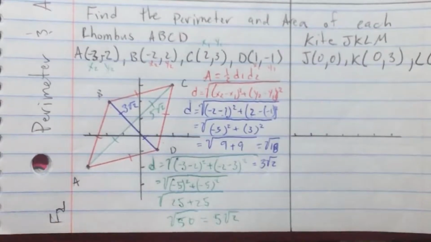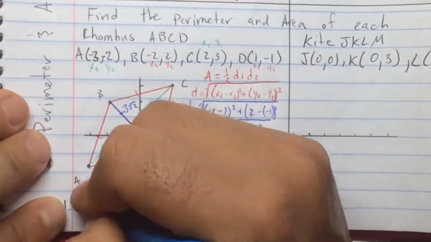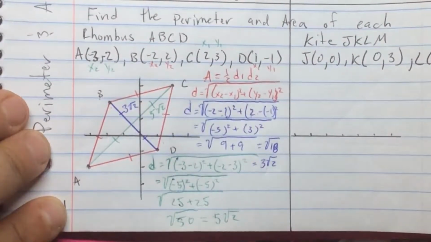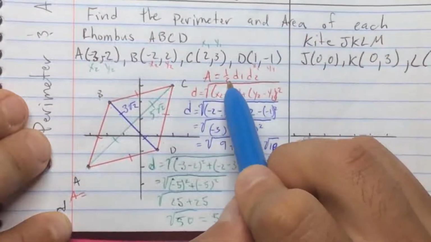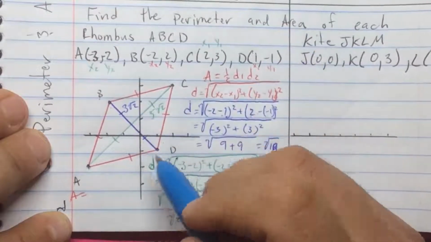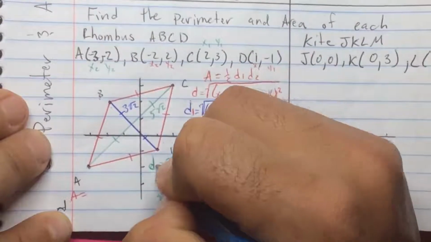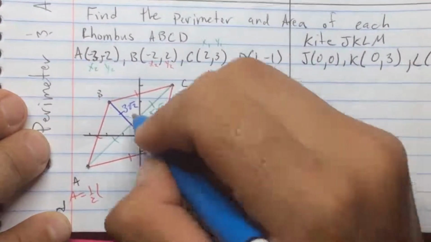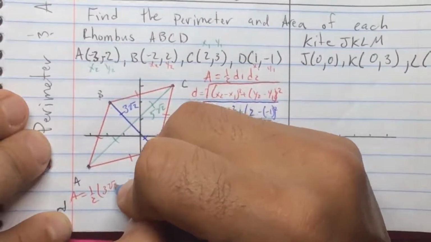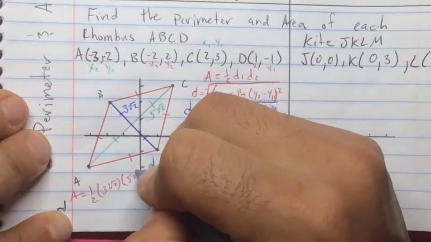So now to find our area, we're just going to take our area here. Oh, it's not the same A, so I should do it in red. Area here, remember, was equal to 1/2 times D1 times D2. Our D1 was 3 radical 2, and this is our D2, 5 radical 2. So we have 1/2 times 3 radical 2 times 5 radical 2.